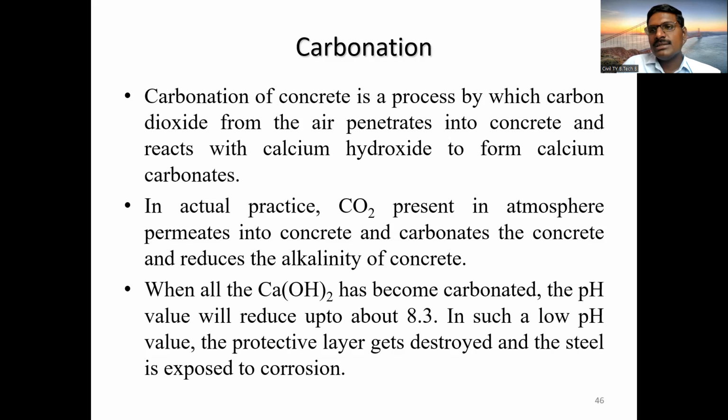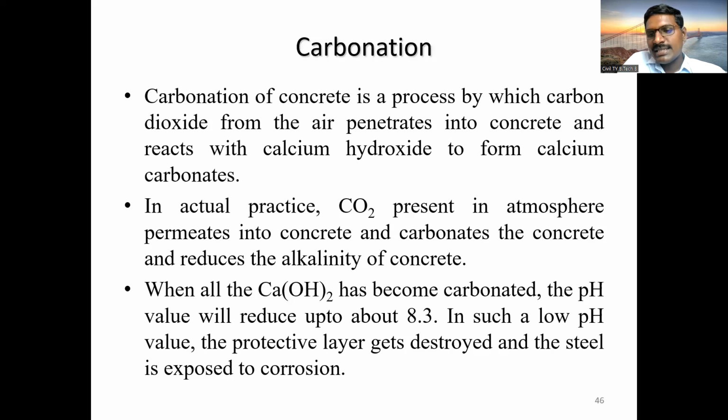In actual practice, the carbon dioxide present in the atmosphere permeates into the concrete, carbonates it, and reduces the alkalinity of the concrete. So Ca(OH)2 has become carbonated and the pH value will be reduced up to 8.3.